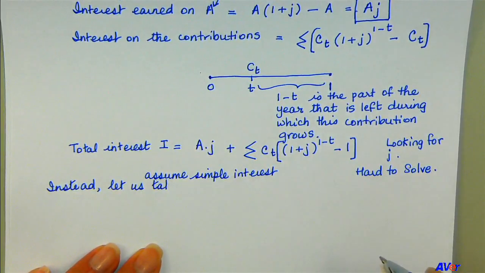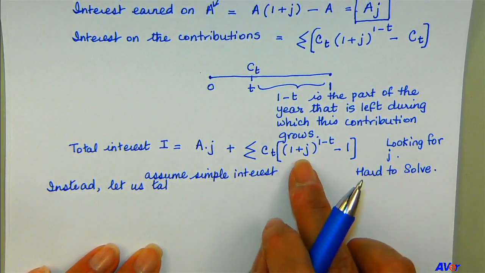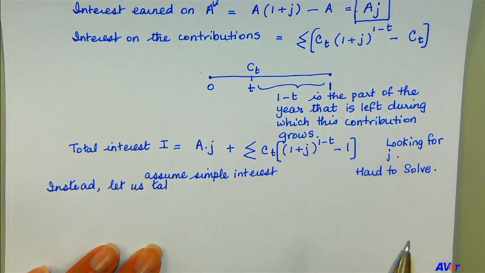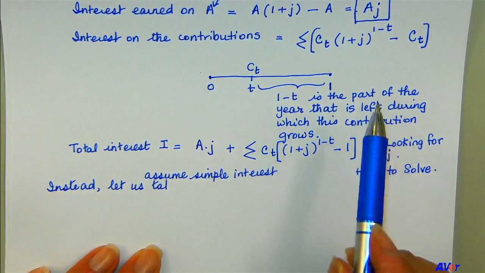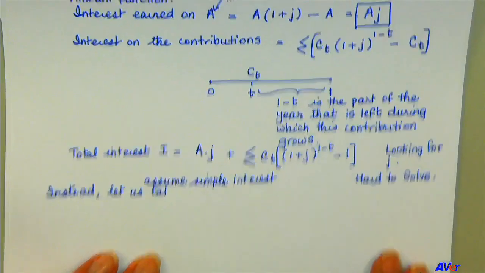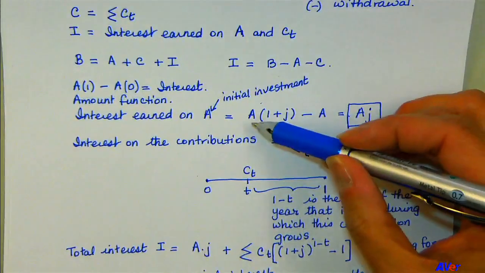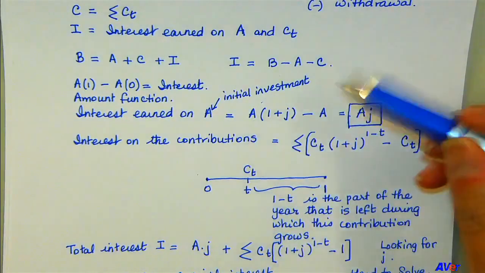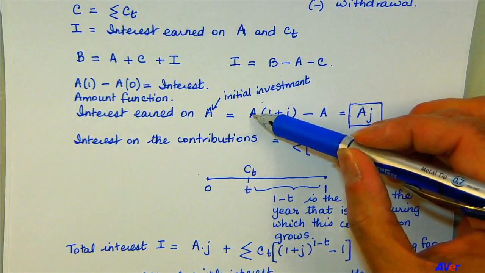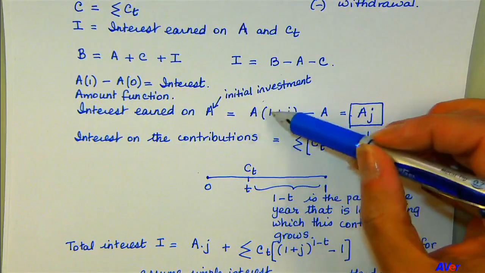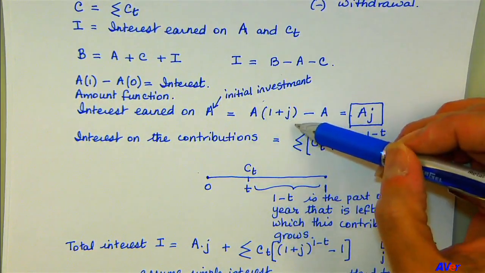In other words, I'm going to do the binomial expansion for (1 plus j) to the 1 minus t. Is that A times j or A of j? A times j. So let me back up and explain that, so that it's clear. When you start with A dollars, I'm saying that it will turn to A times (1 plus j), and I'm calling my interest rate j here, right?